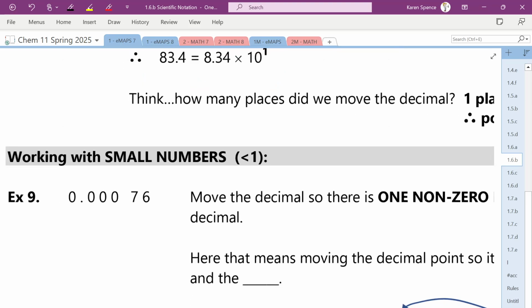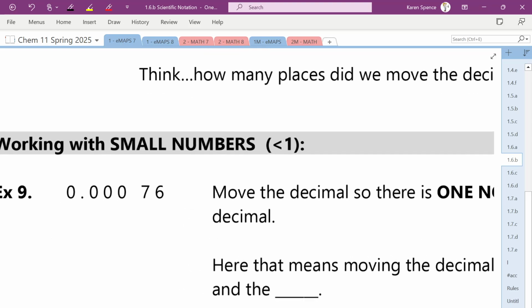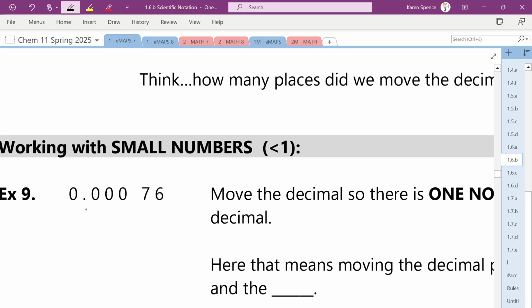Okay, so those were our big numbers. Working with small numbers, so this means something less than 1, we do exactly the same thing. We move our decimal place. In this case, 1, 2, 3, 4 positions. That gives us a single non-zero digit in front of the decimal, so something between 1 and 9.